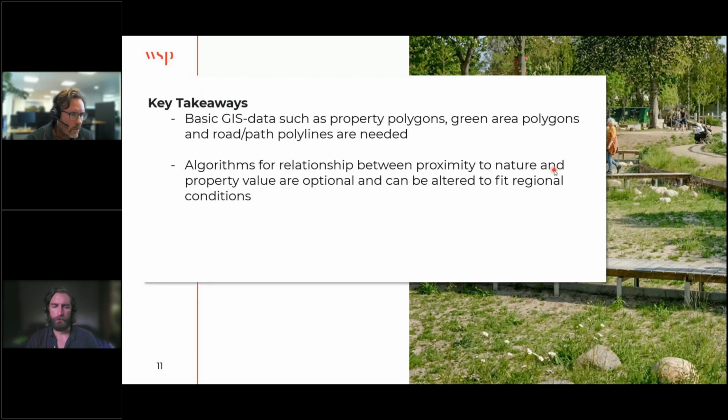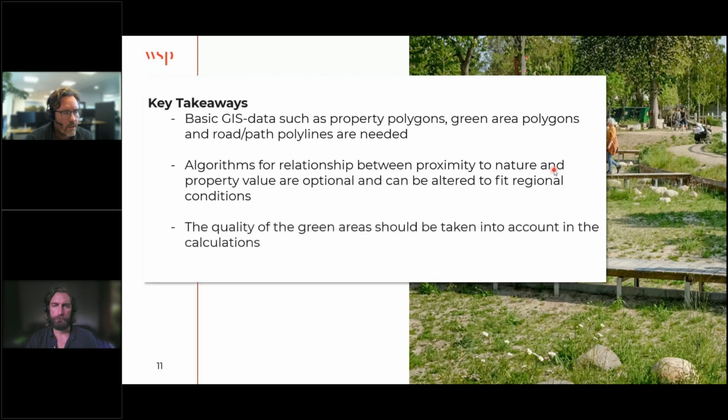And then we must not forget that the quality of the green area which is established does matter. And I'm sure you can tell the difference between the example with the Karlsminde-Aksen and maybe just plain green fields or something like that.